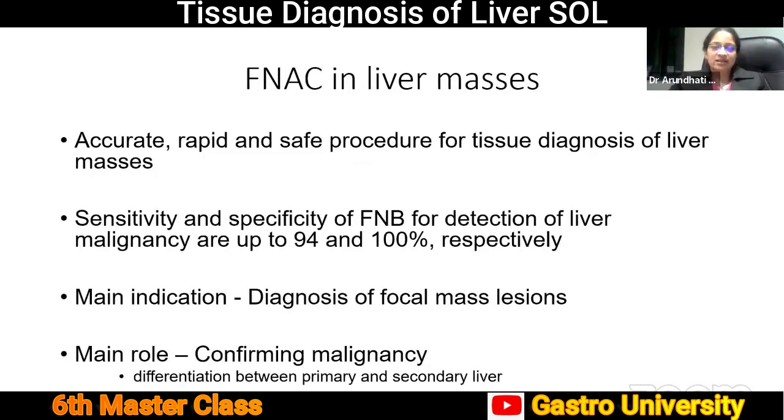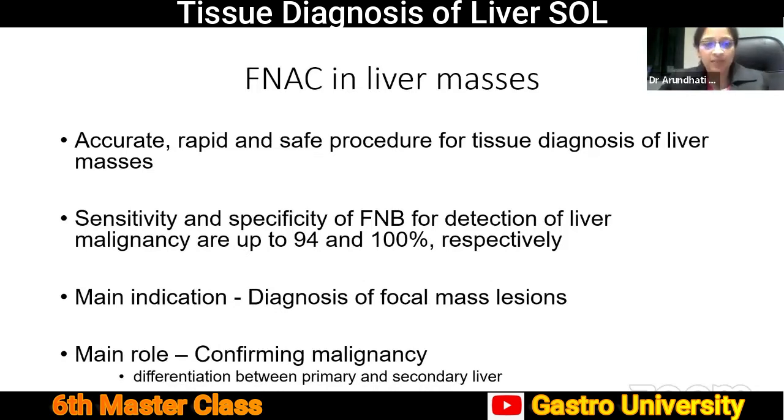So FNACs are, as all of us know, an accurate, very rapid and safe procedure for tissue diagnosis with sensitivity and specificity of nearly 100% for detection of liver malignancies.